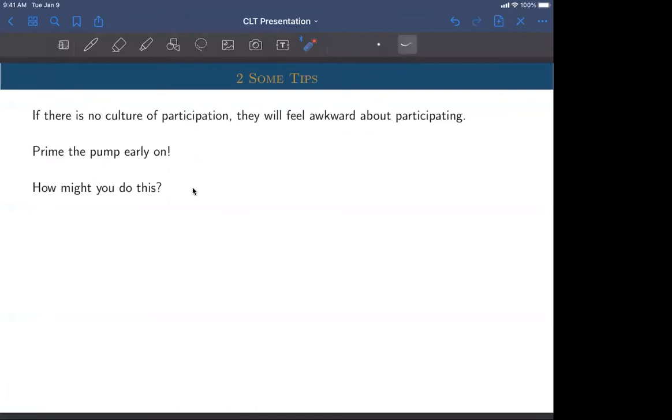If there's no culture of participation, students will feel awkward about participation. So priming the pump early on, creating that atmosphere where they feel comfortable asking questions and engaging with you. Now, of course, depending on the class that you teach, everyone's got a different sense.